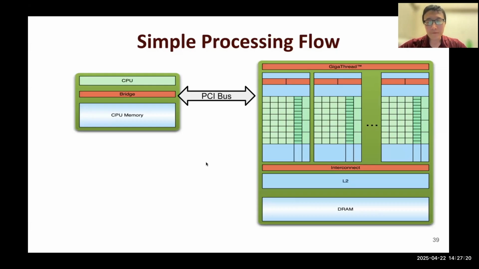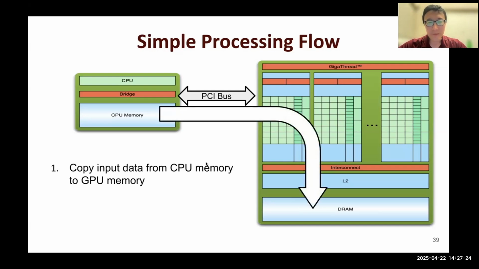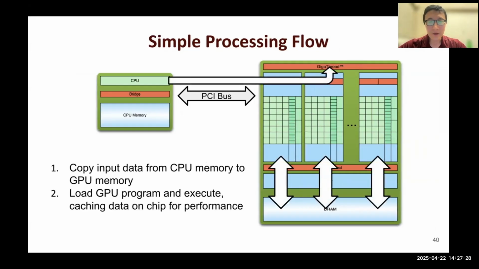A simple processing workflow is kind of like this. You have your CPU, you copy your data from CPU memory to GPU memory. And then you load your program from the CPU to the GPU. That's where you get your functions or instructions loaded onto the GPU. And then you launch your GPU program.